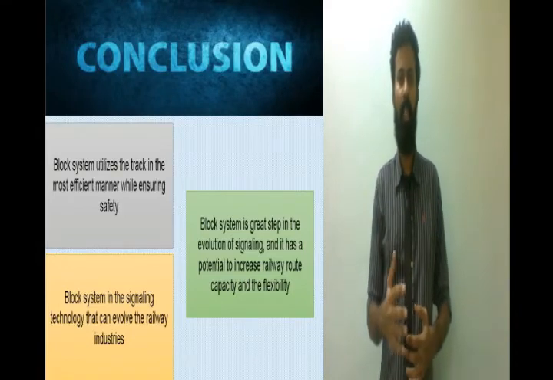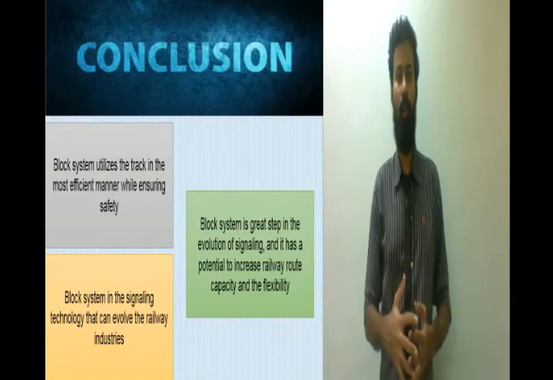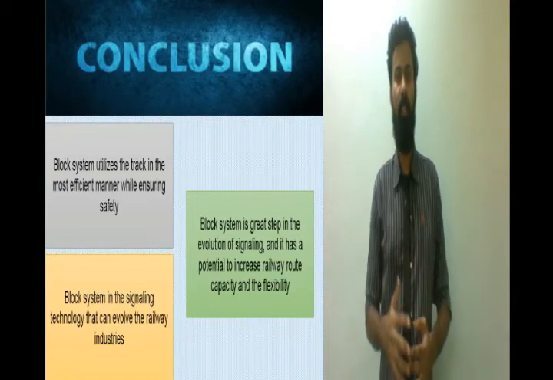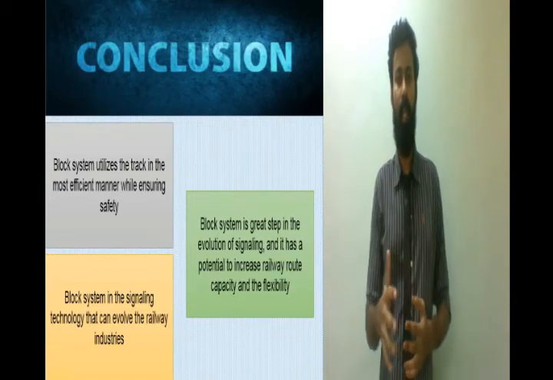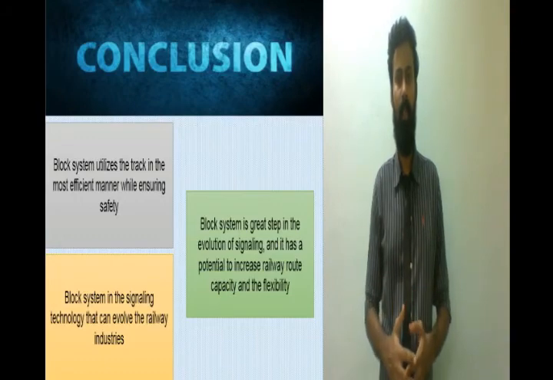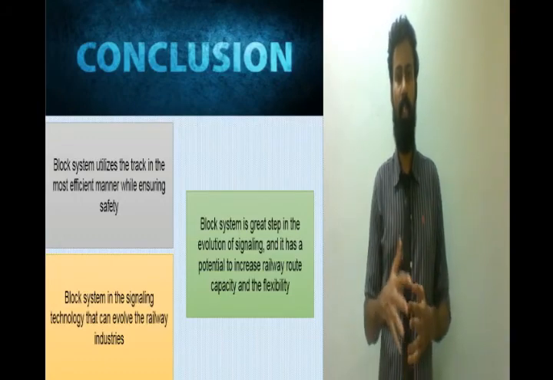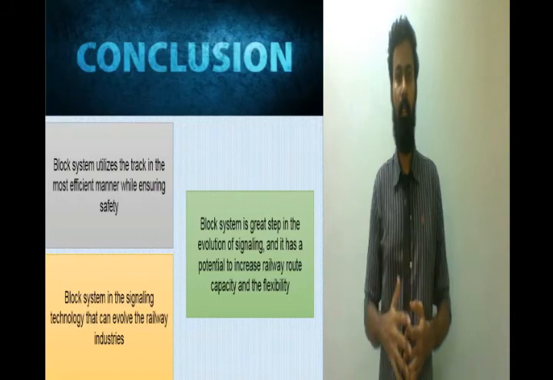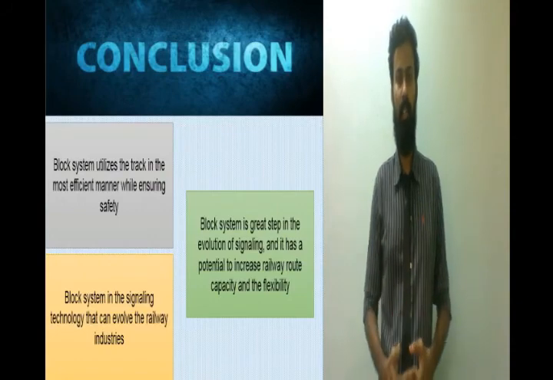The block system is a great step in the evolution of signaling. It has the potential to increase the railway's capacity and flexibility. The block system is a signaling technology that can evolve the railway industry. That's all from me and my group about the railway blocking system, and thank you.